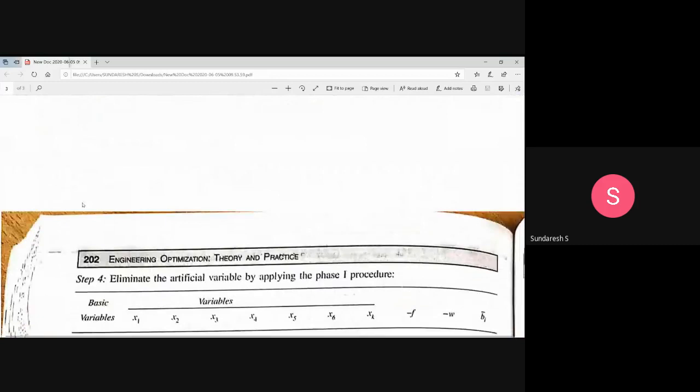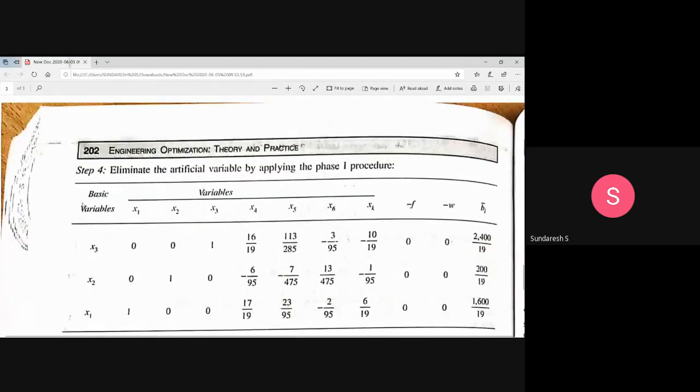Now finally, what we have to do in this case is how to remove the artificial variable. Why? Because here xk leaves the basis and x1 enters the basis.